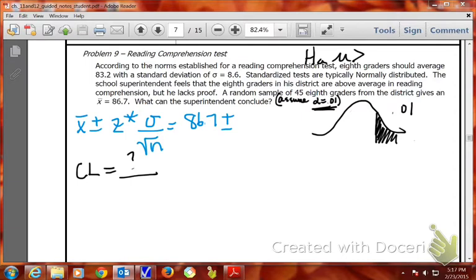Now I have to remember that my confidence interval is still measured from the center out, which means I have some unaccounted for stuff over here. But due to symmetry, I know that this has to be 0.01 because it must match the right.